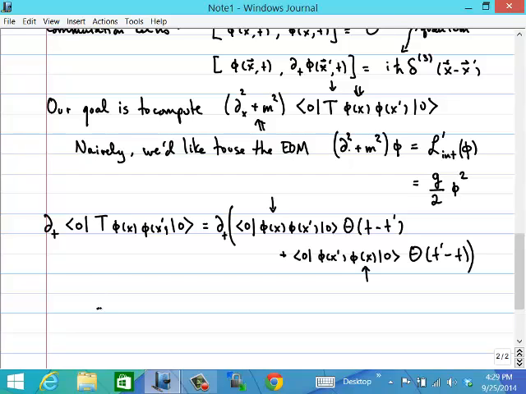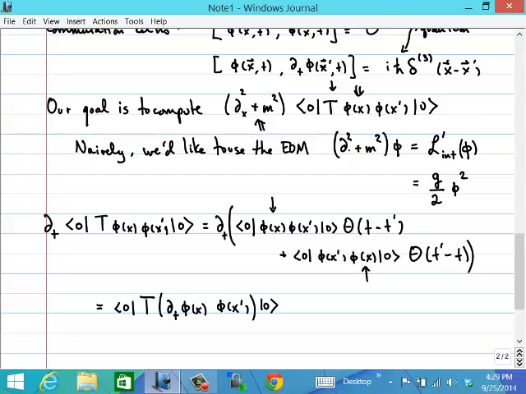So if the derivative acts on those terms, then we can ignore the theta function, and all you get is the expectation value of the time-ordered product now of the derivative of phi with phi at x prime. Okay. So that's what happens if the d by dt doesn't act on the theta function.